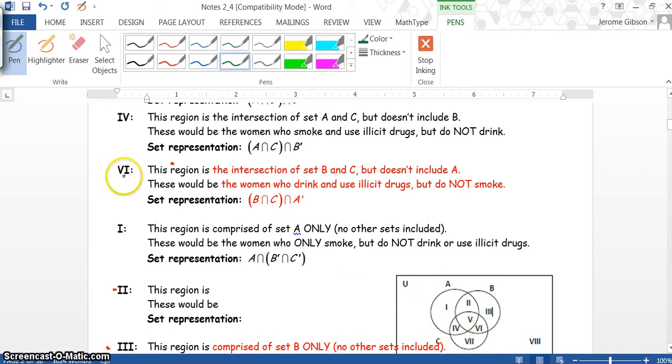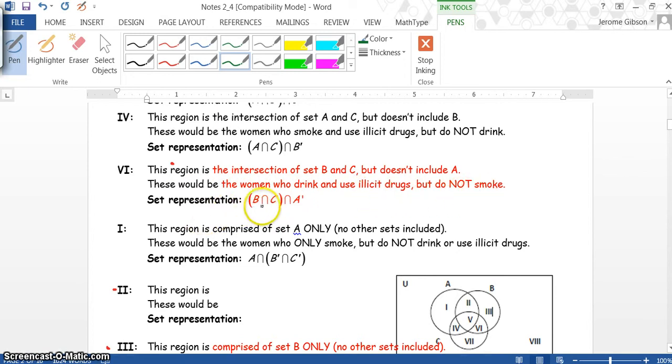Now, if we look at region 6, this region is the intersection of set B and C, but doesn't include A. So we look here at B and C, and this is 6, and it doesn't include A. These would be the women who drink and use illicit drugs but do not smoke.